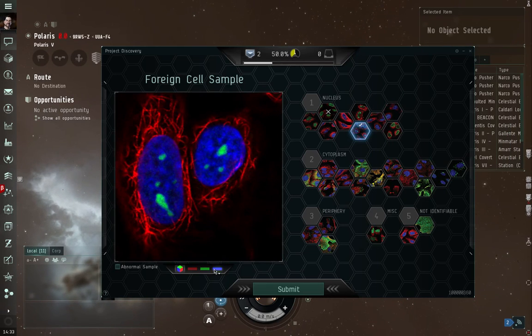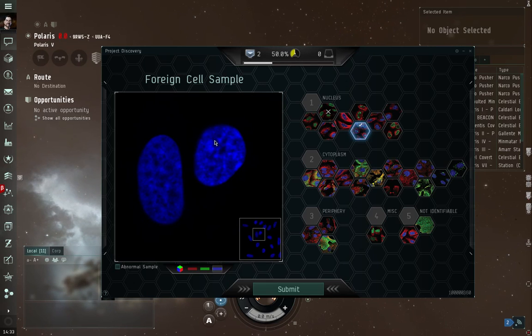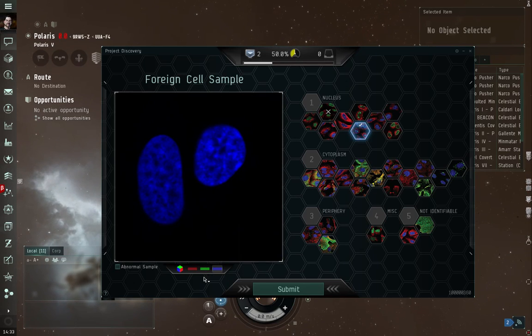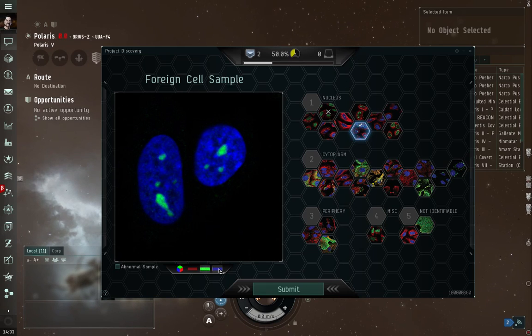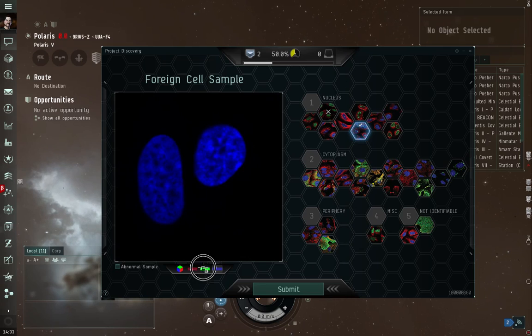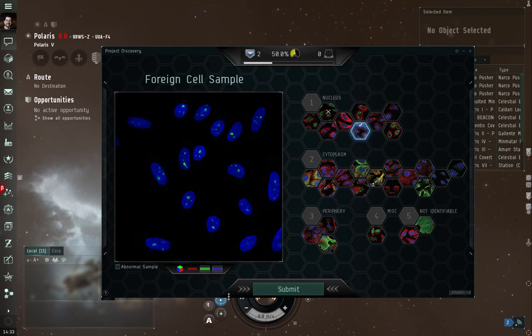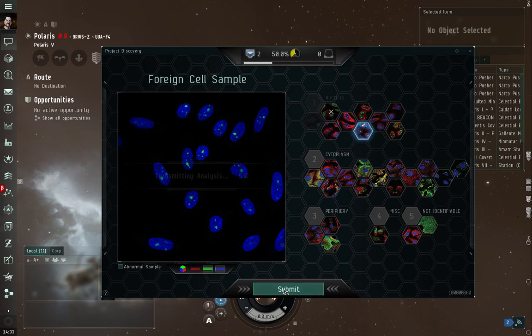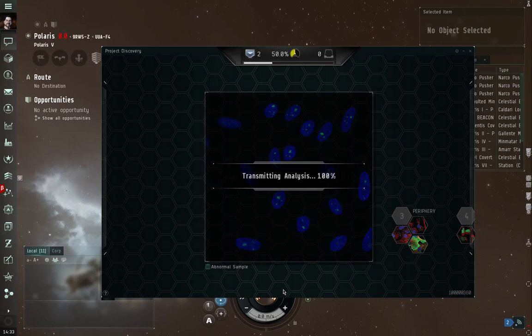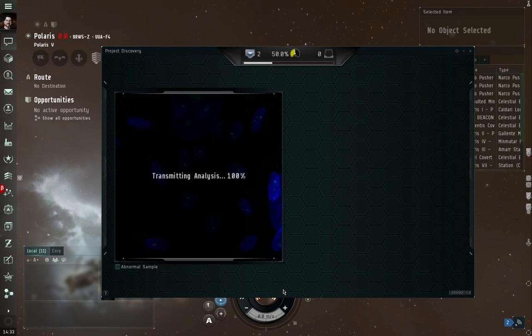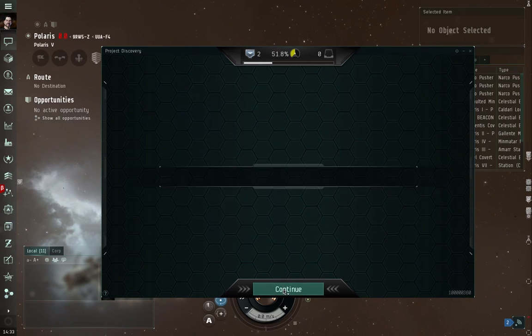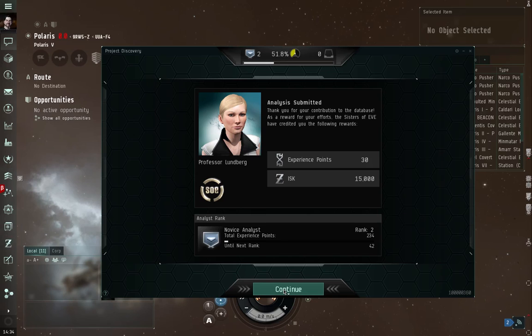Let's just check the blue channel, and you can see a hole here right where we have a bright green stain. So nucleoli it is. And just zoom out, make sure we don't have any other staining. I think we're good. I'll get some points.